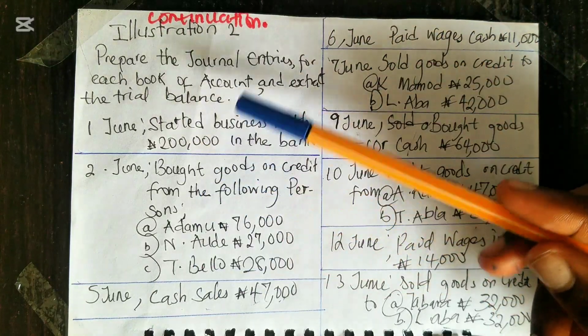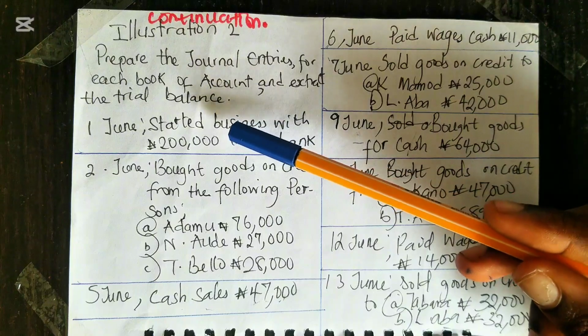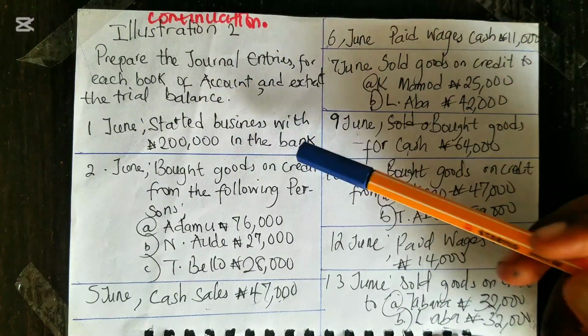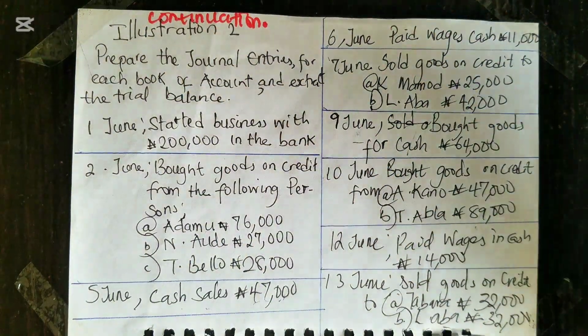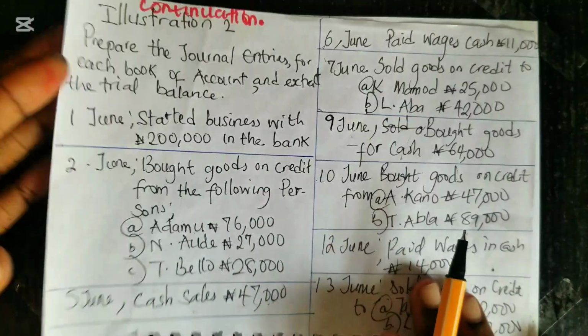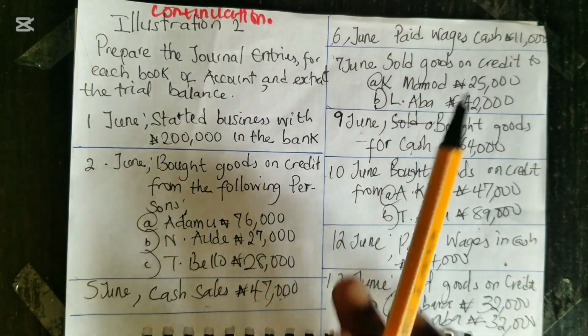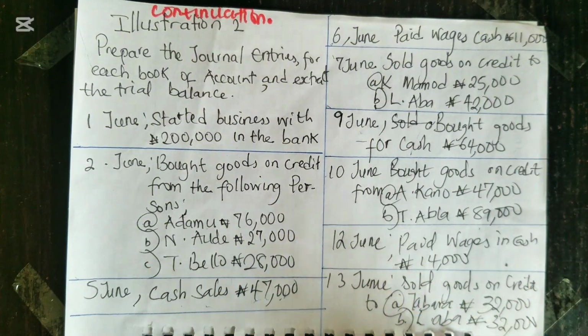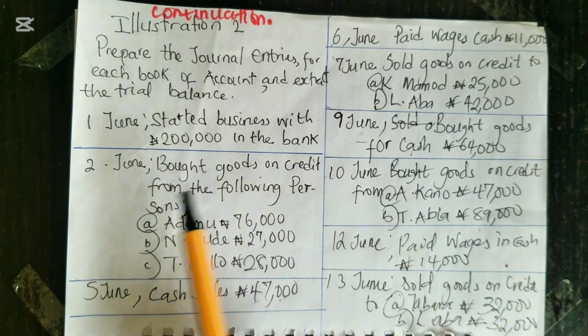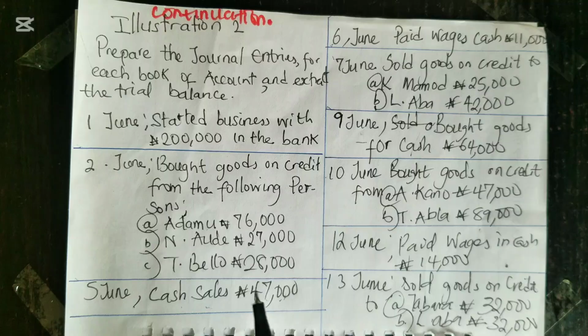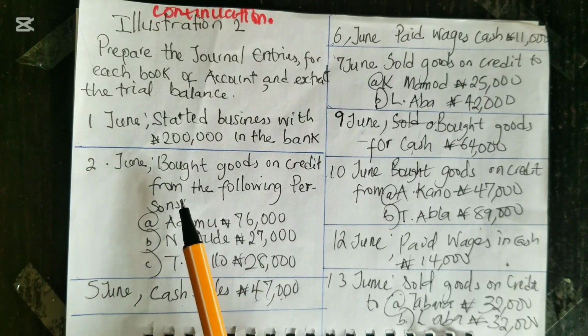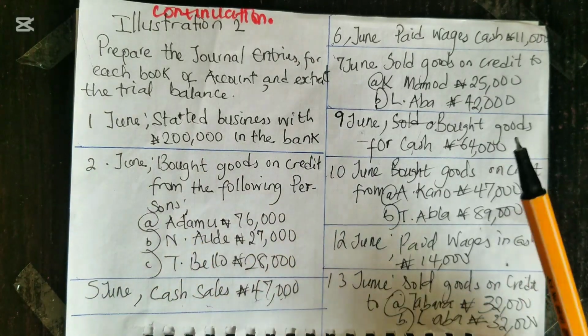So the first one, June 1, started business with 200,000 naira in the bank. Before I move forward, we are to not only prepare a ledger account but also extract a trial balance.